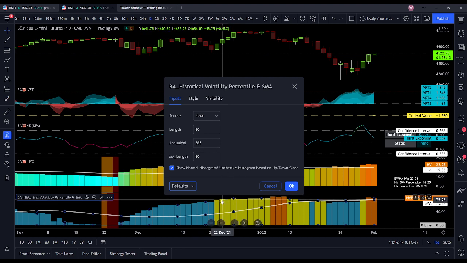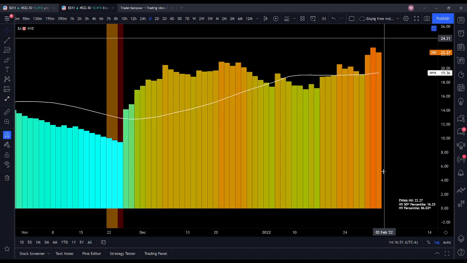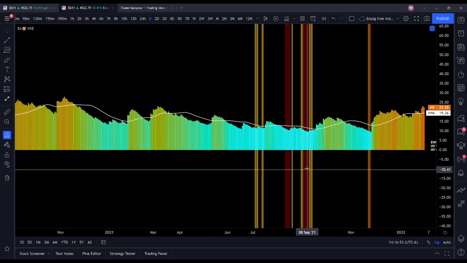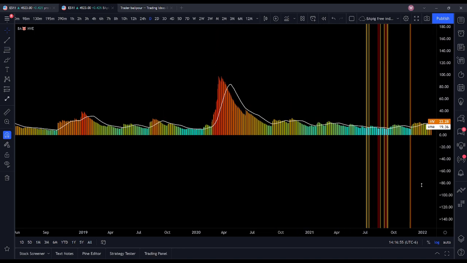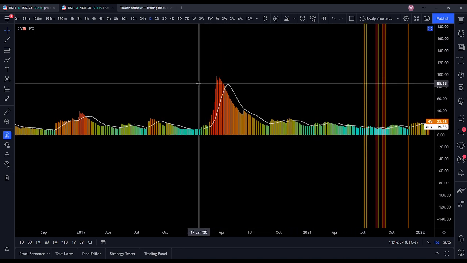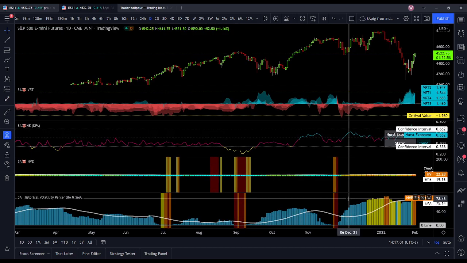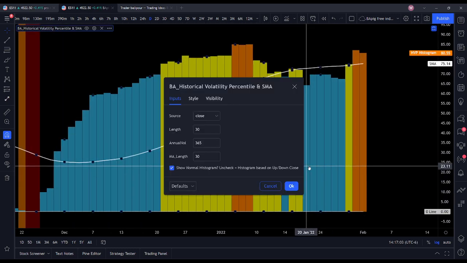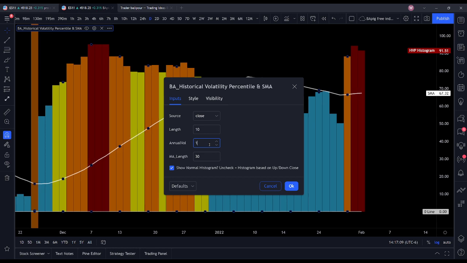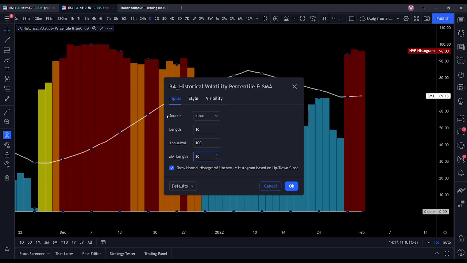As opposed to calculating the historical volatility, which you can see at some points here has been ridiculously high and is unbounded, so it can go to infinity, the historical volatility percentile can only stay from 0 to 100. A lot of traders like to move this down to 10-100, and that will give you a little bit of a quicker signal on your volatility.